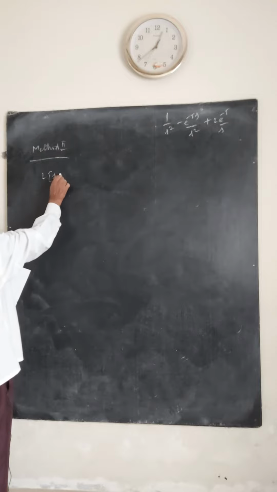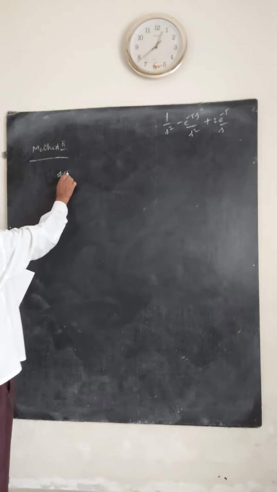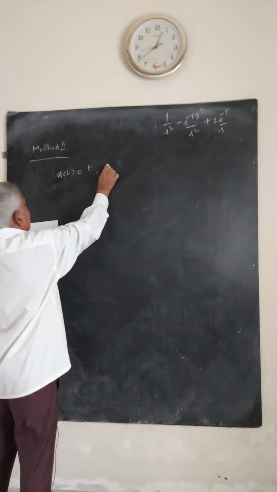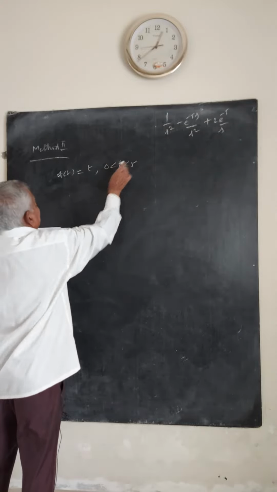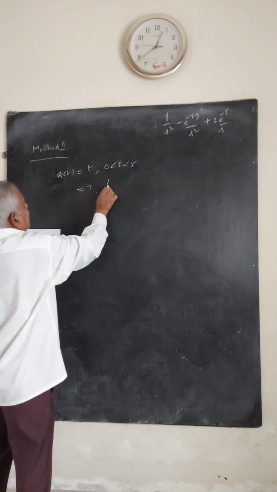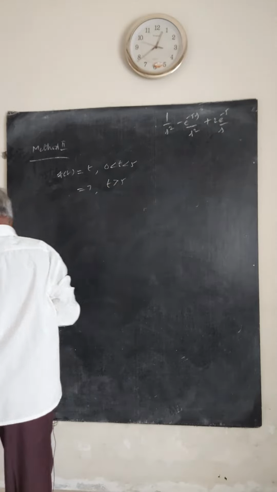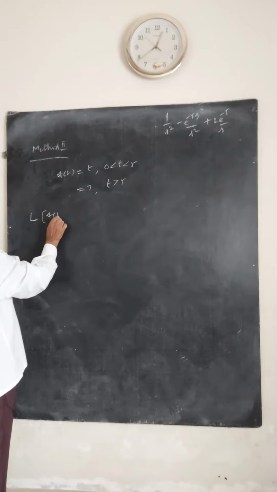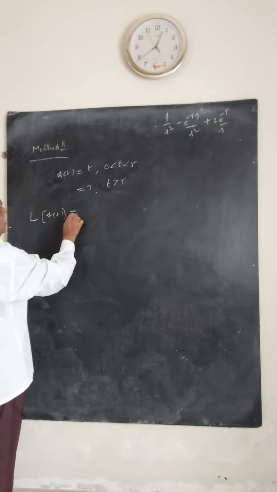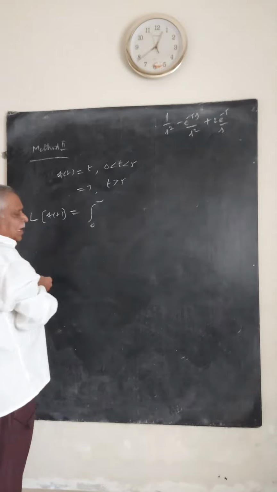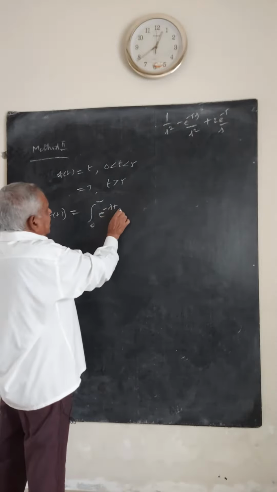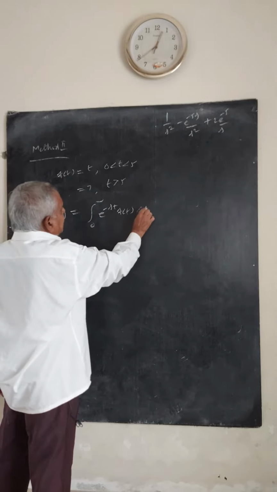L of f of t, where f of t equals t when 0 less than t less than 5, equal to 7 when t greater than 5. L of f of t equal to integral 0 to infinity e power minus st f of t dt, the basic Laplace transform definition.